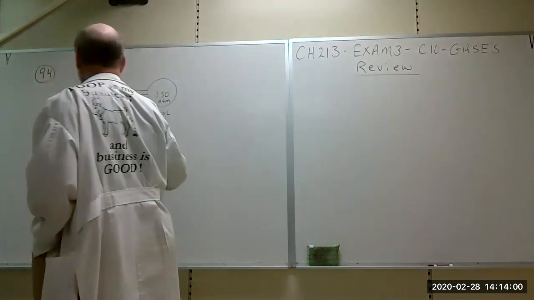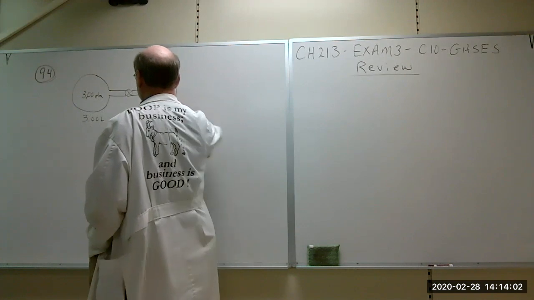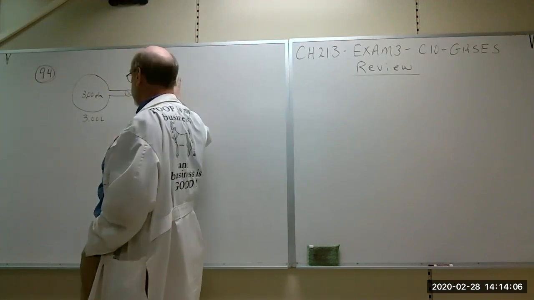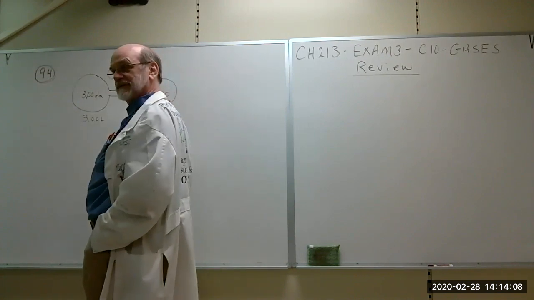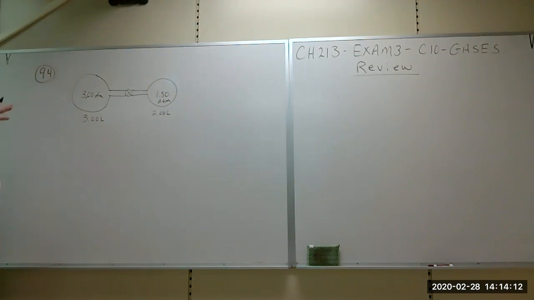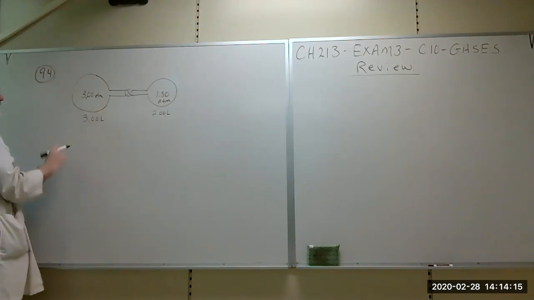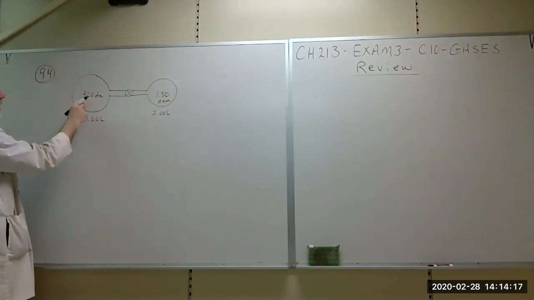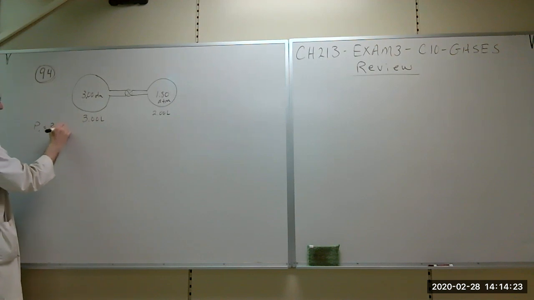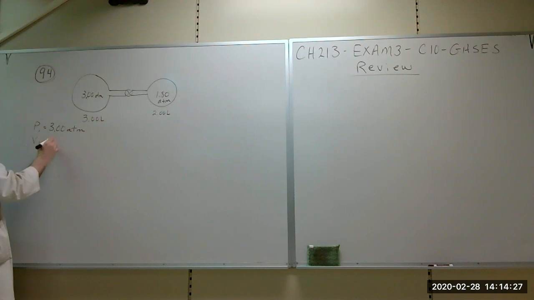The first part is you assume that that's a vacuum. And what happens if you open it into a vacuum? Right? So we've got a before-after situation with the left-hand side. We're starting off with an initial pressure of 3 atmospheres and an initial volume of 3 liters.